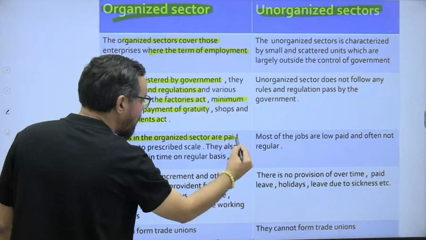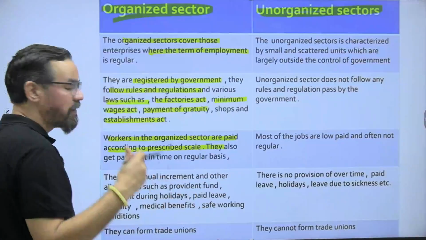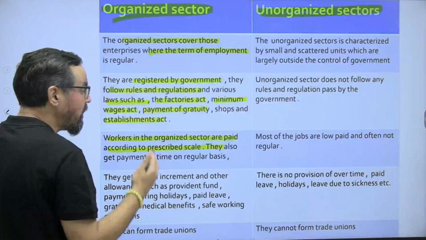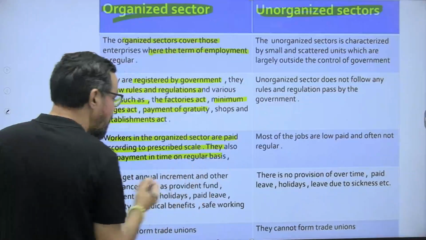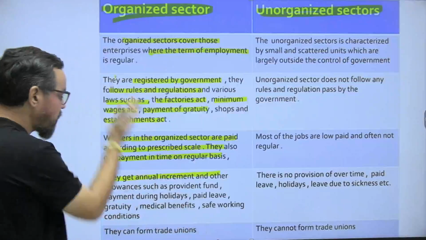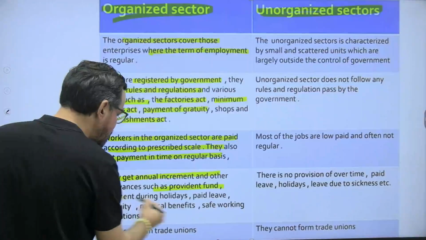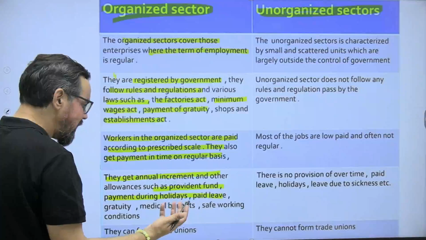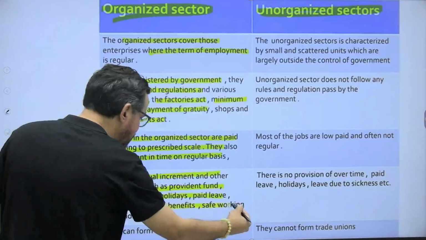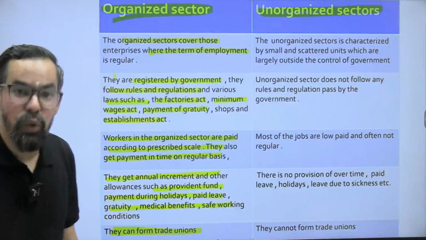Workers in organized sectors are paid according to a prescribed scale, like we have scale 1, scale 2, scale 3, and they also get paid on time on a regular basis. They get annual increments and other allowances such as provident fund, payment during holidays, paid leave, gratuity, and the others. They can form a trade union also, right?